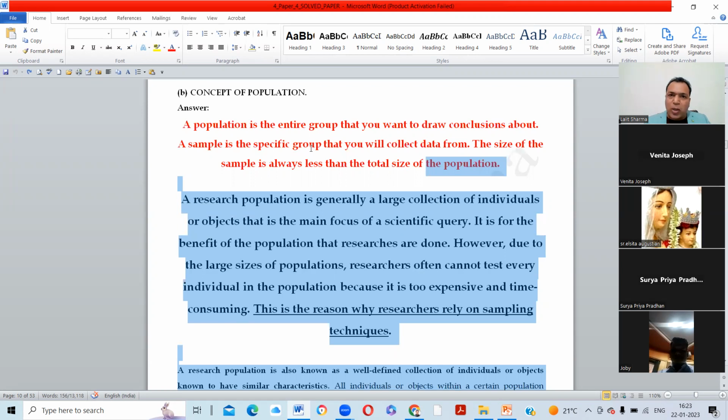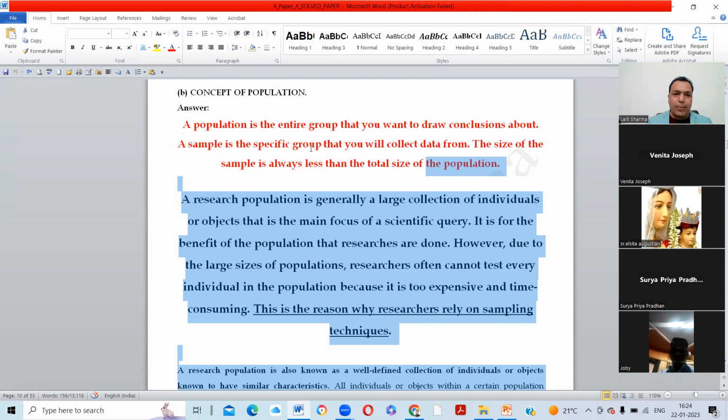It is not possible to collect data from the 10th class students of all the schools in Ludhiana, because in Ludhiana there are so many villages. So it is a very time consuming process. So what researchers mostly do is take a sample. They take a sample of 5-6 schools, 10 schools, randomly they can select, and this sample represents the whole population of the 10th class students of Ludhiana district, right guys?